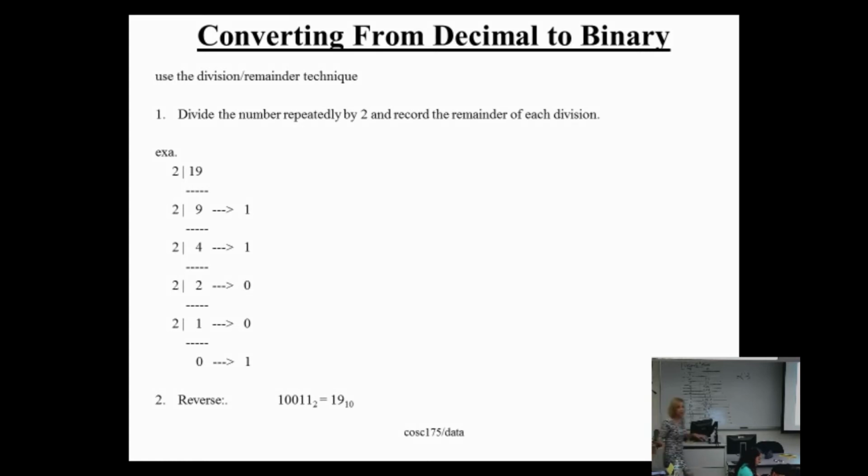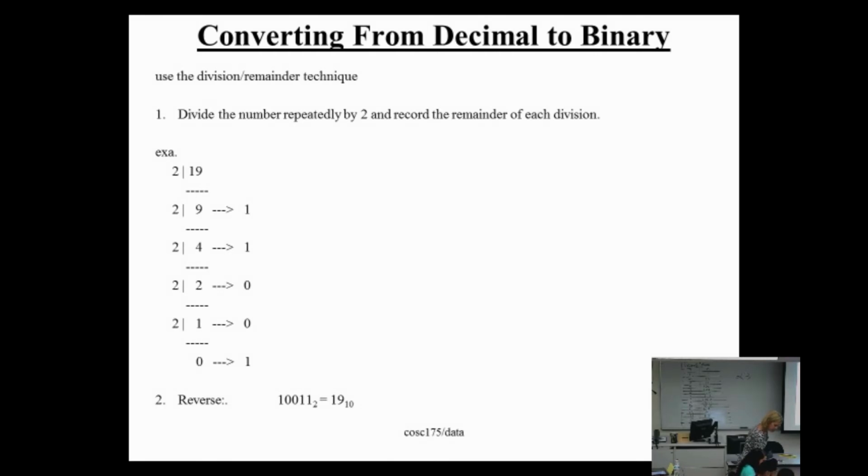This is the hardest thing we're going to do. I'm just redoing it. 2 goes into 23, 11 with 1 remainder. 2 goes into 11, 5, 1 remainder. 2 goes into 5 twice, not 4. 2 goes into 5 2 times, and there's a remainder of 1. 2 goes into 2 how many times? 1.